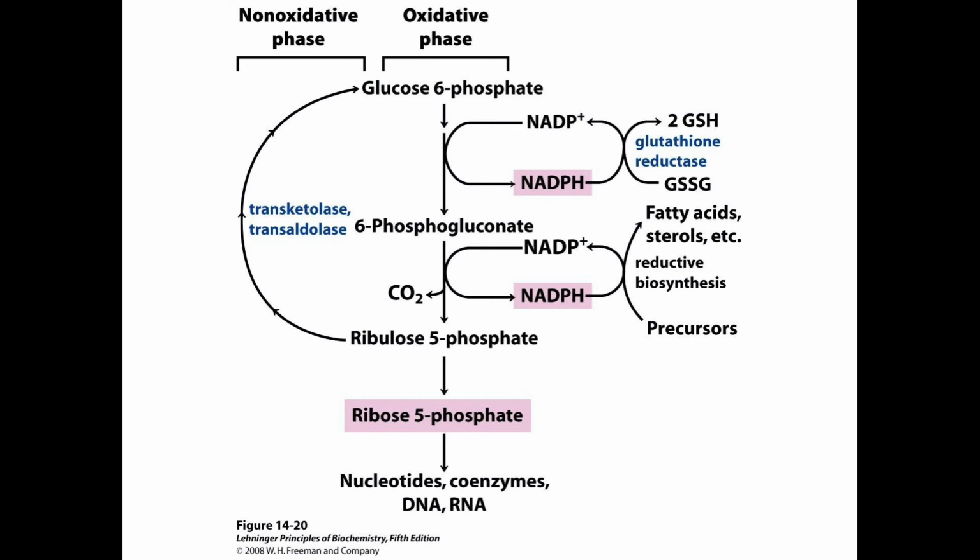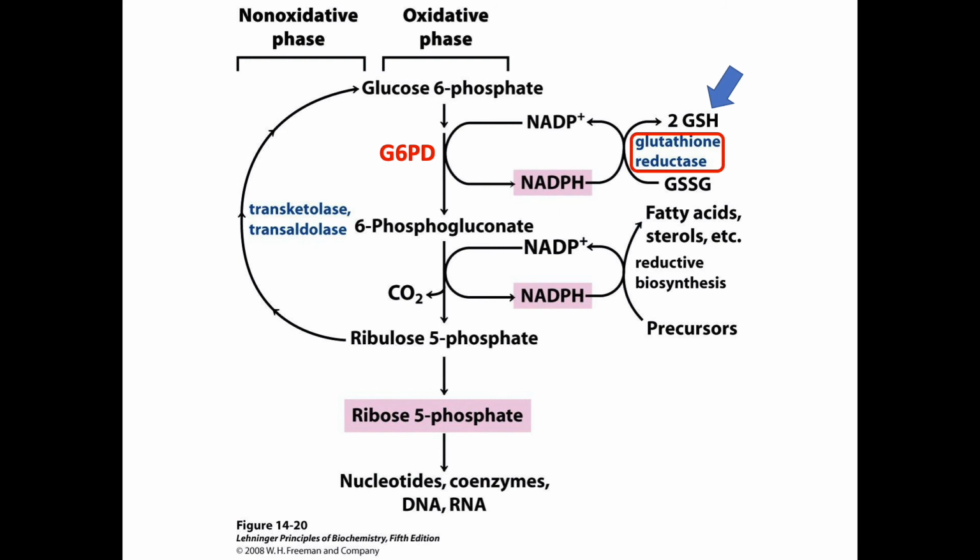Now, the first enzyme in this pathway is glucose 6-phosphate dehydrogenase, which is an important enzyme because it catalyzes the reaction that likewise results in the generation of NADPH, which is necessary to restore glutathione in its reduced form with the help of the enzyme glutathione reductase.